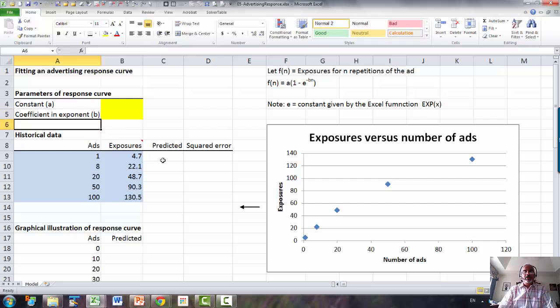This is the actual exposures. Now if we use this function, what would the exposure prediction be? Remember, this e is a constant, and in Excel it is given by the exp function. Let's give names here.